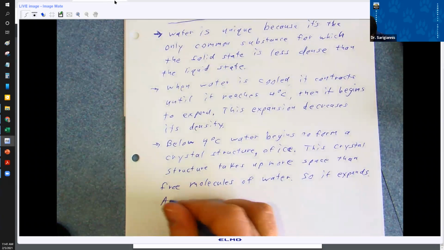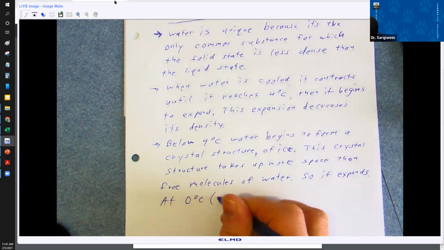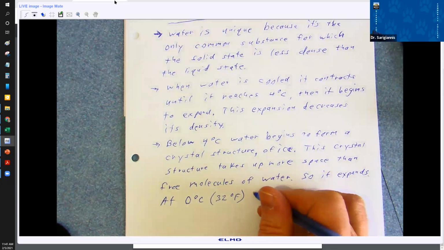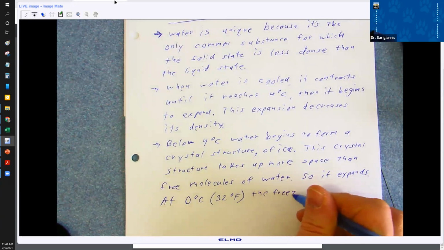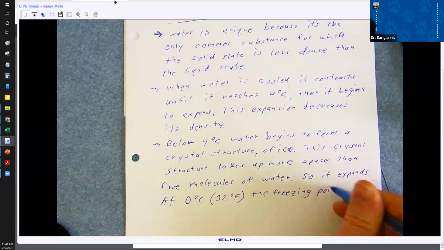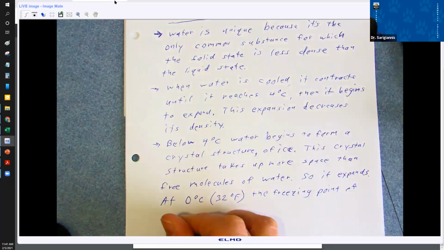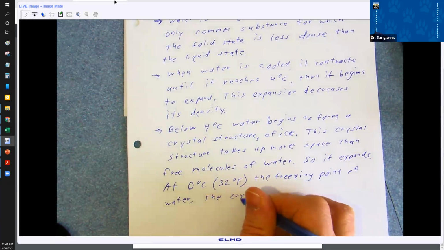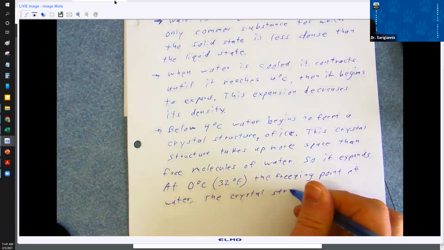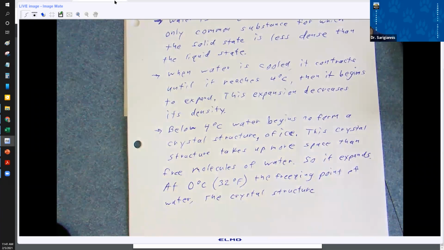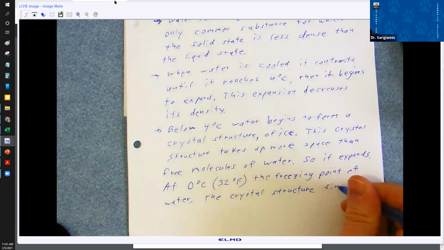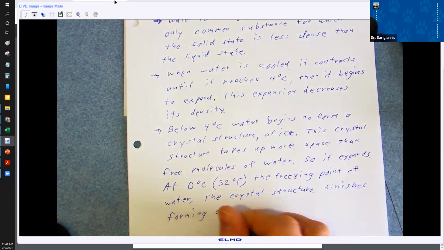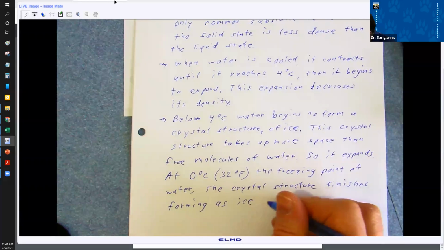So finally, at 0 degrees C or 32 degrees Fahrenheit, the freezing point of water, the crystal structure finishes forming as ice is formed.